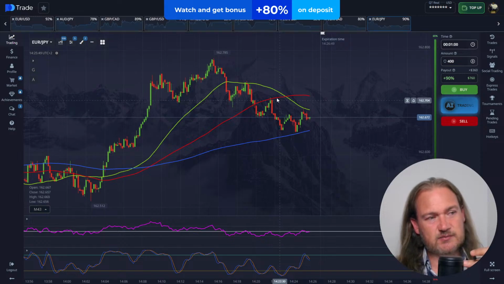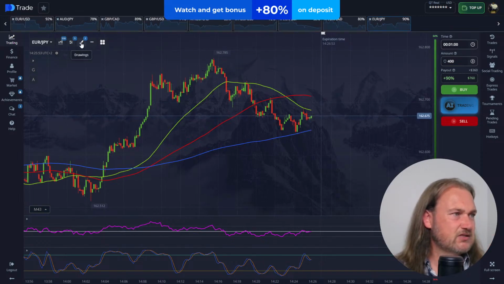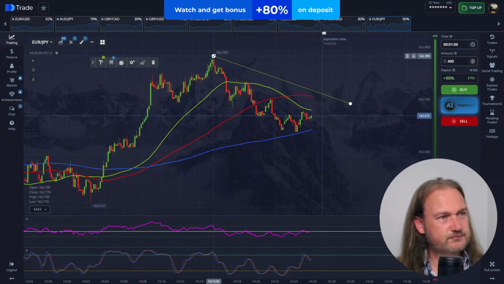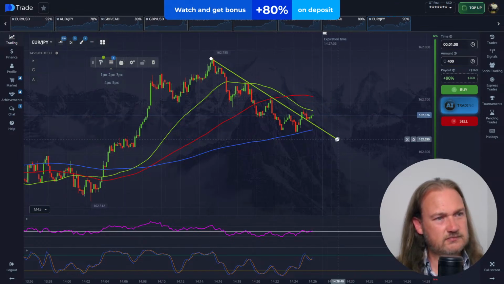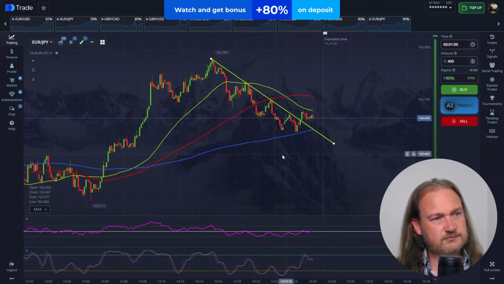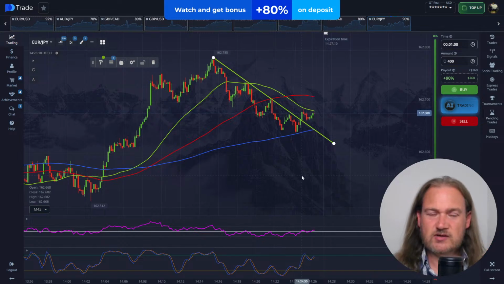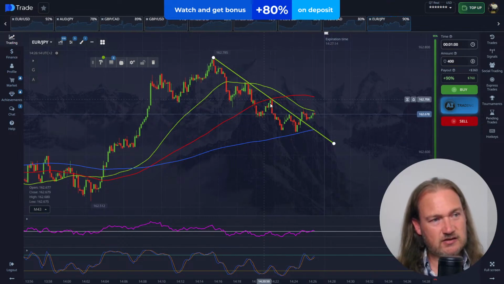If you're struggling, you can maybe draw it in. Let's draw this in. I'm going to delete there. Let's give this a draw. There we go. So if you can't see it with your naked eye, draw it in. And we can see this is a very clear downwards trend.